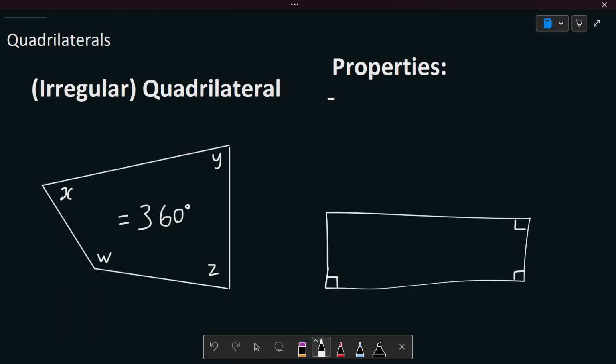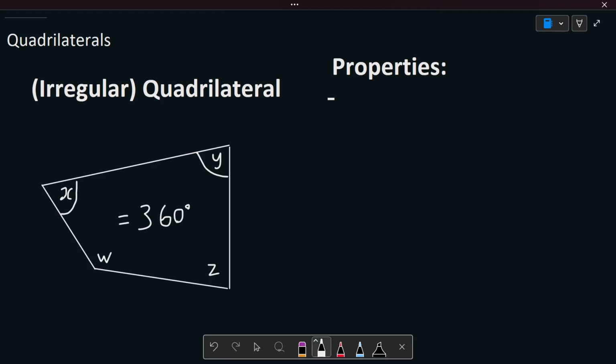And if you add all the 90-degree angles, 90 degrees times 4, you get 360 degrees. And that is going to be the same for the square and every single quadrilateral. So the sum of all these angles is going to be equal to 360 degrees.